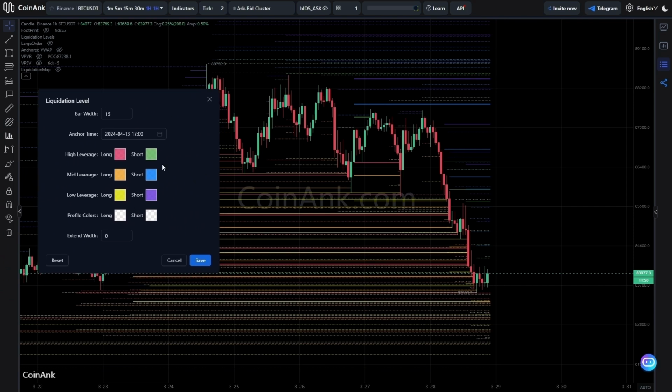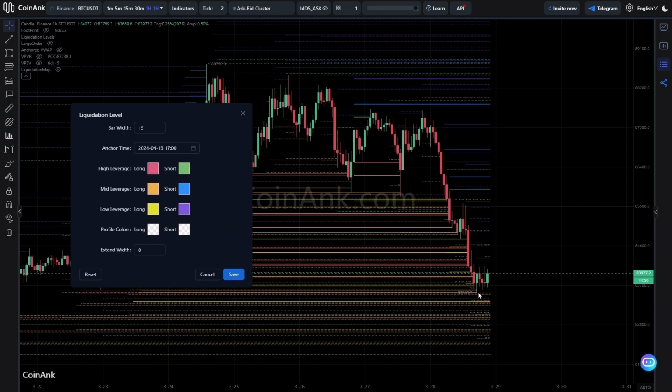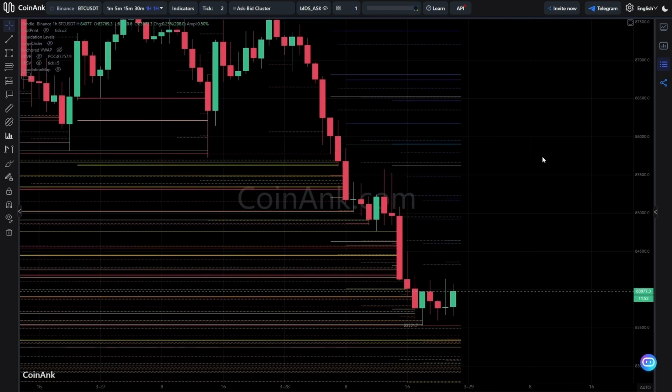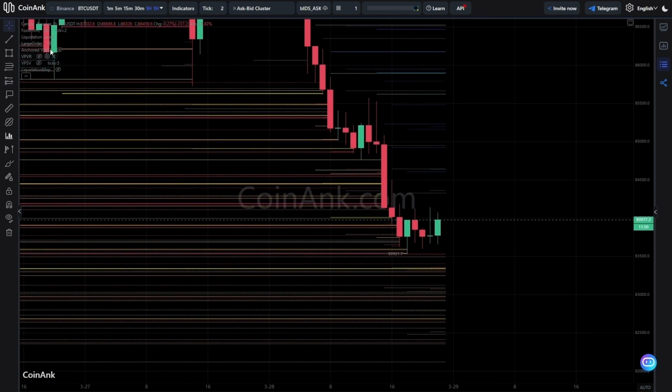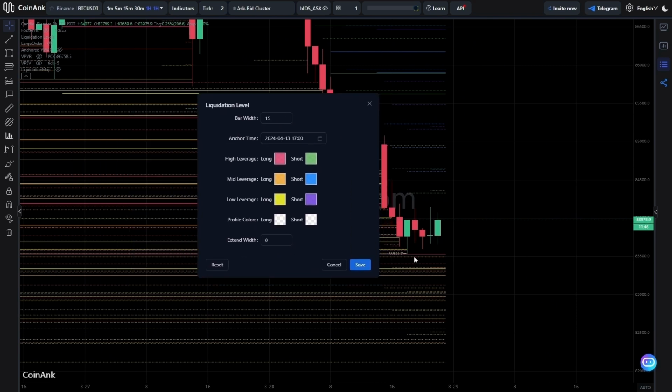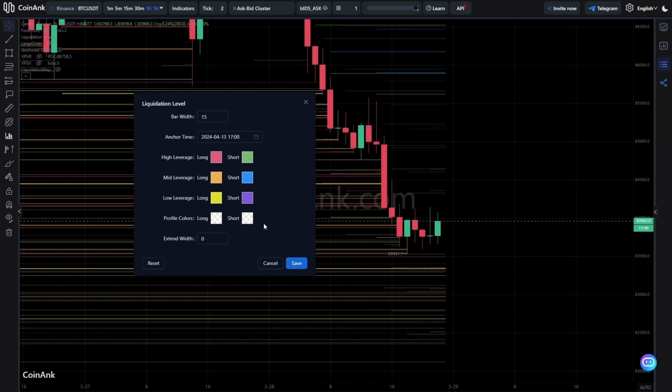I prefer to keep this box open so I can instantly see where my levels are. I'm on the 1 hour time frame, for example. Let's zoom in and let's open this up again. So you can instantly see where the levels are, which are in this case quite a lot of low leveraged long positions open, for example.